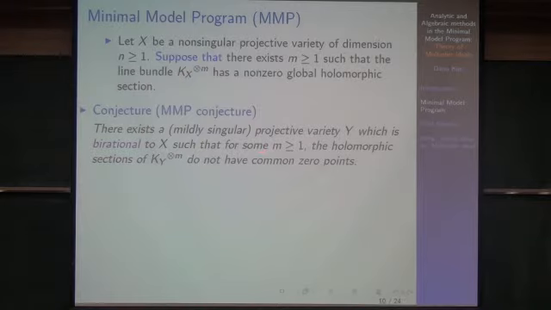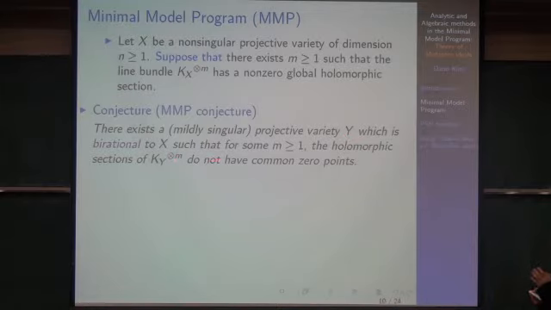And for some other integer m, which may be different from this m, the canonical line bundle K_Y of this new variety has a very nice property.